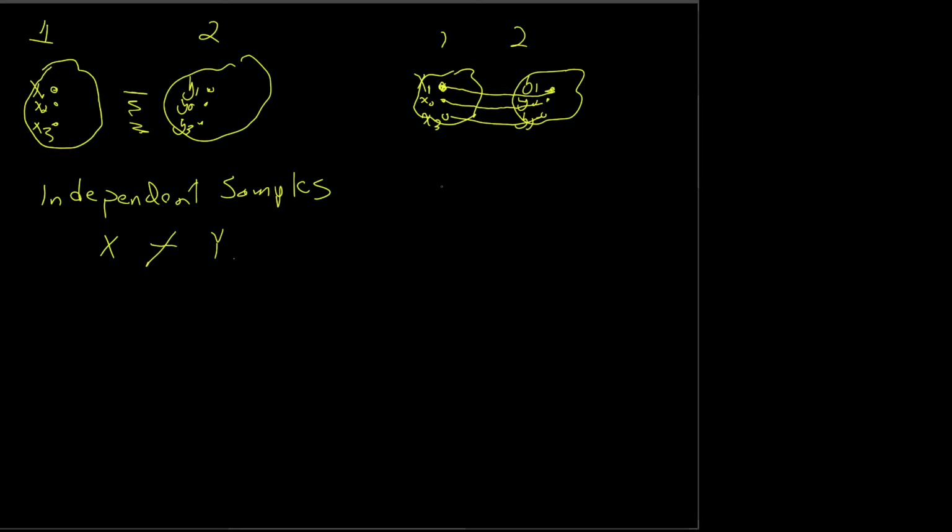And so that would be dependent samples. There's some relationship. When this data is taken, it's taken in pairs, and there is some characteristic that relates these two things across from each other.